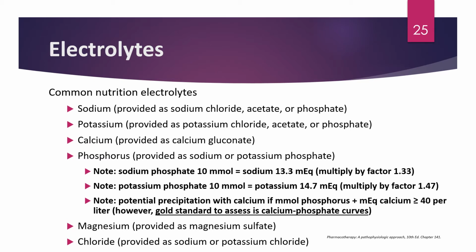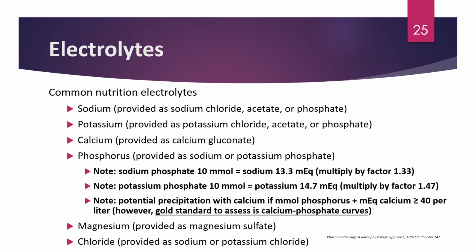And that's a very important thing to realize because whenever we're looking at total allocation of electrolytes such as sodium and potassium, it's important that we know how to convert between millimoles and milliequivalents for sodium and potassium respectively. For sodium, there is a large difference between the millimoles and the milliequivalents, and that can be converted with a factor of 1.33.